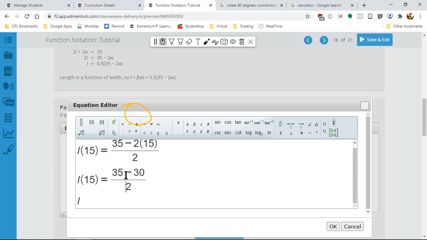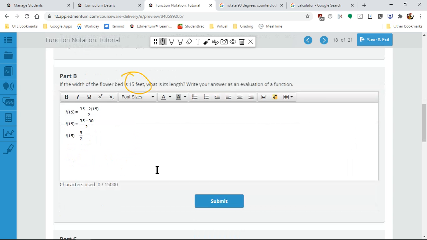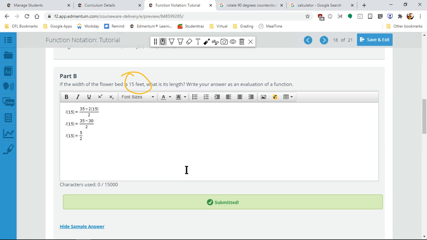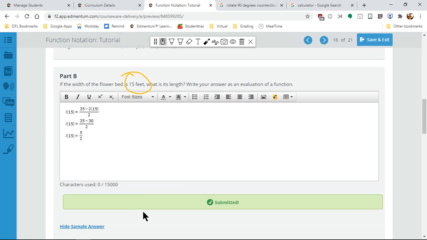Select it, Control C, Control V, 35 minus 30 is 5. And I can leave this as my answer, guys. If you want to leave it as a fraction, leave it as a fraction. That's fine. I have a feeling Admentum's going to want you to do it as 2.5, which is 5 divided by 2. I don't care. Yep, they left it as 2.5, 2.5 feet.